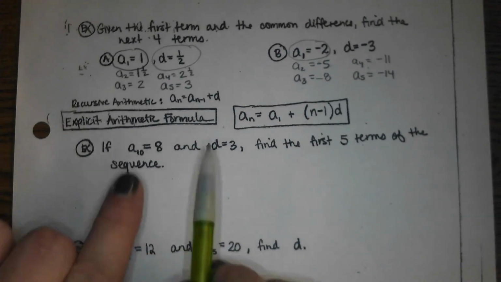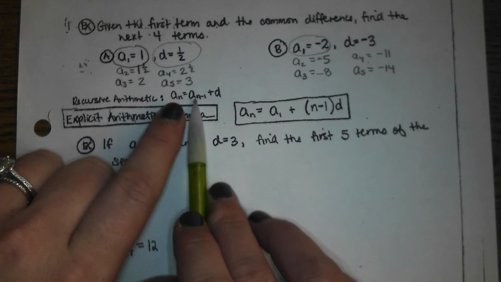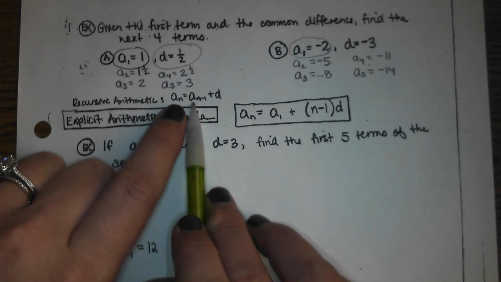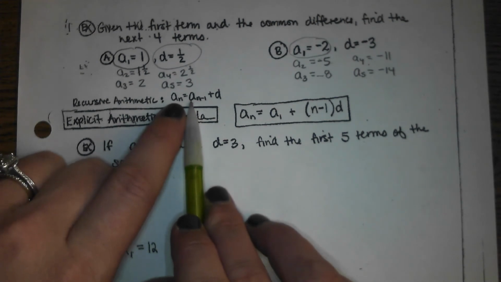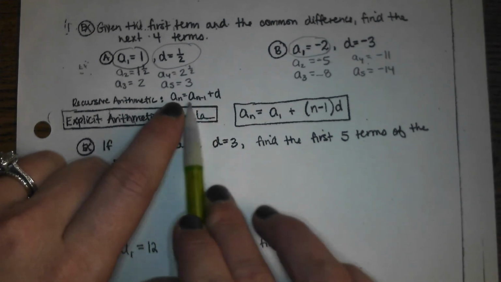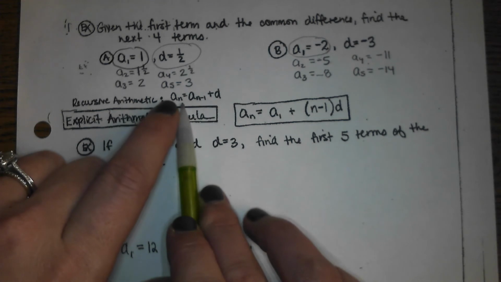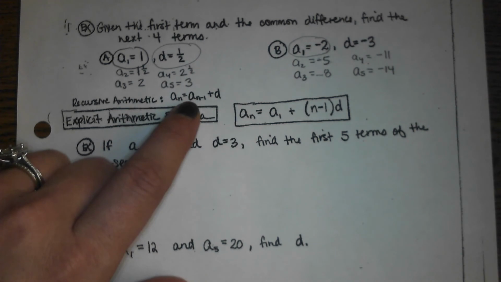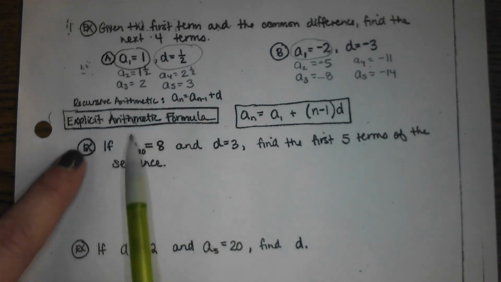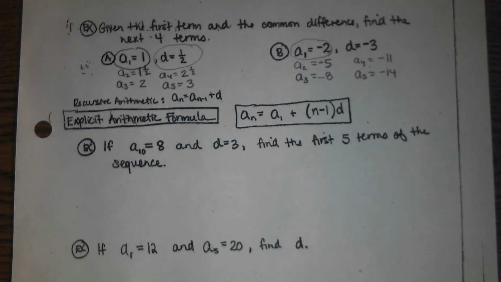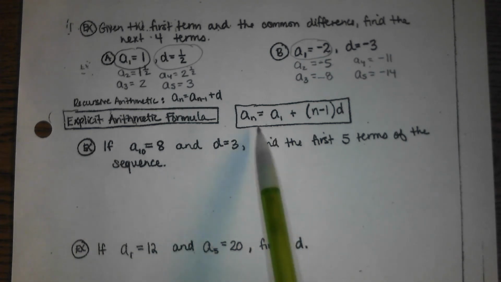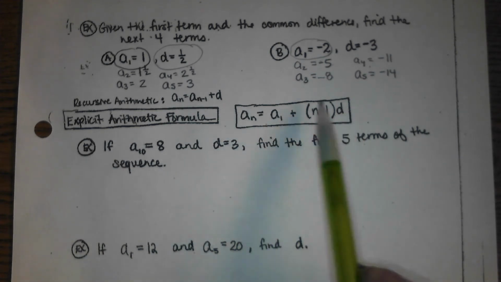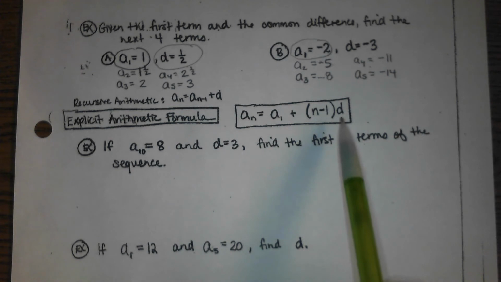Okay. So recursively, and this is what we did yesterday, you would figure this out on your own with or without me telling you this, you would get to an nth term by taking the previous term, a sub n minus 1, and just adding on that common difference, right? You were doing that already. This type of format, though, has an explicit. Here's the explicit formula that I'm giving you that will also be on your reference sheet.